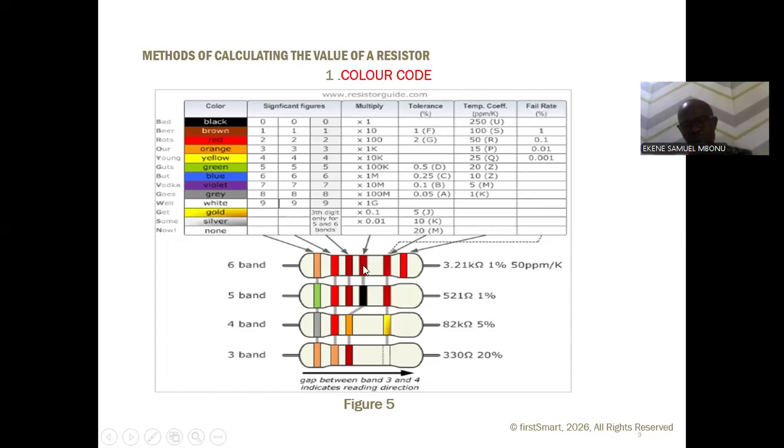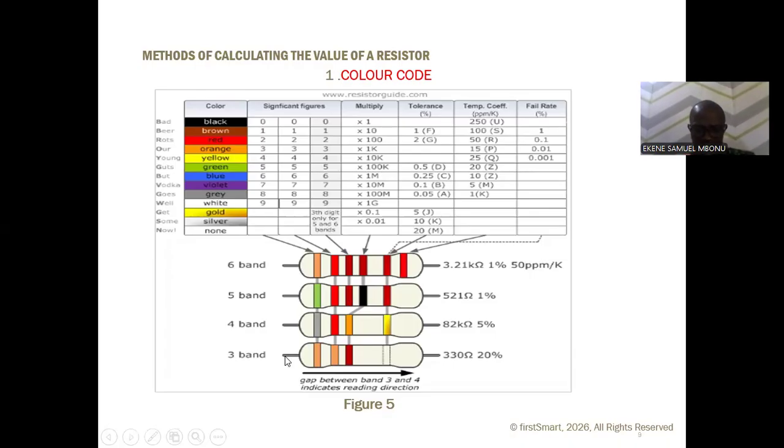Recently, you begin to see that resistors come with not just 4 bands. We now have 5-band and 6-band resistors, but the pattern of reading is the same.